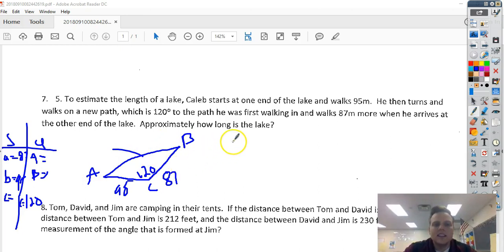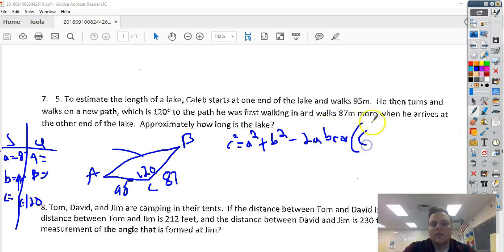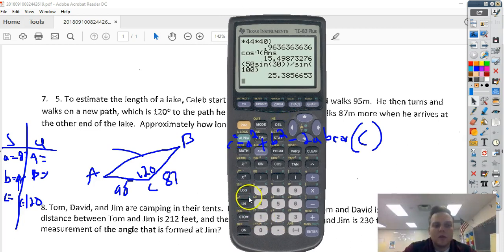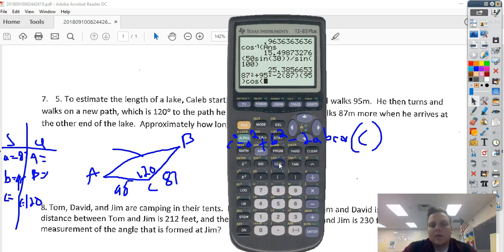So I can say little c squared is equal to little a squared plus little b squared minus 2ab cosine of angle C. So this is a plug and chug kind of situation. We need to do a squared plus b squared. So a squared, which was 87, plus 95 squared, minus 2 times 87 times 95 times cosine of angle C, which is 120.